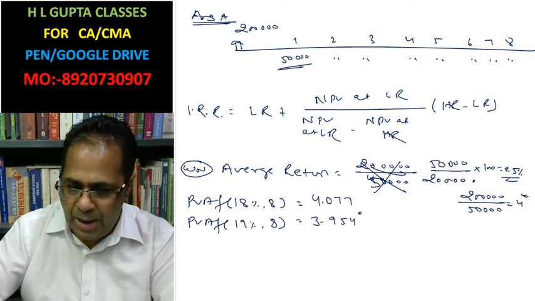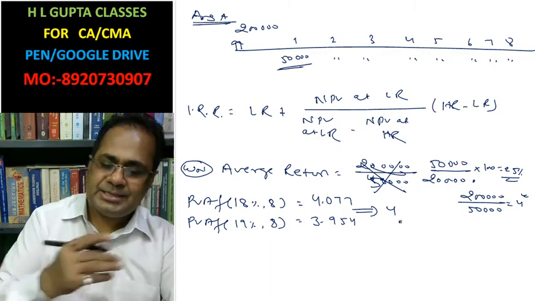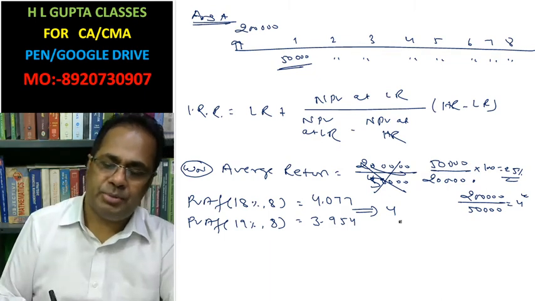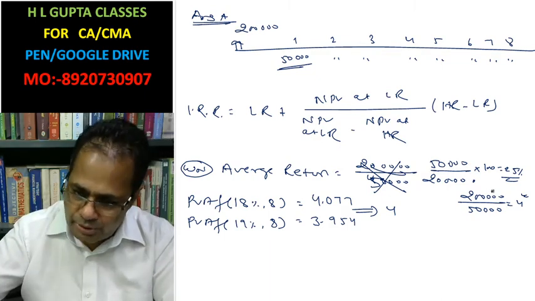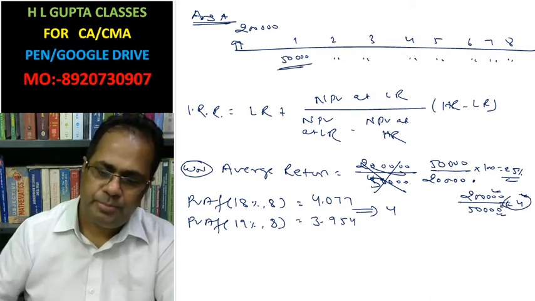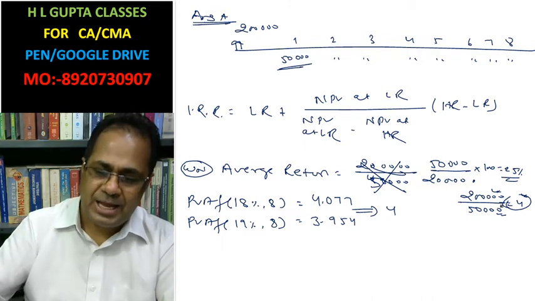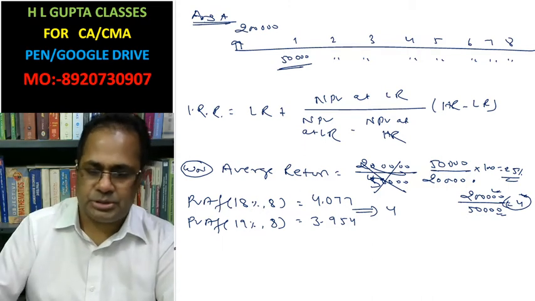But we need present value annuity factor 4, like your investment and inflow. It should be nearby 4. It means IRR lies between 18% and 19%.